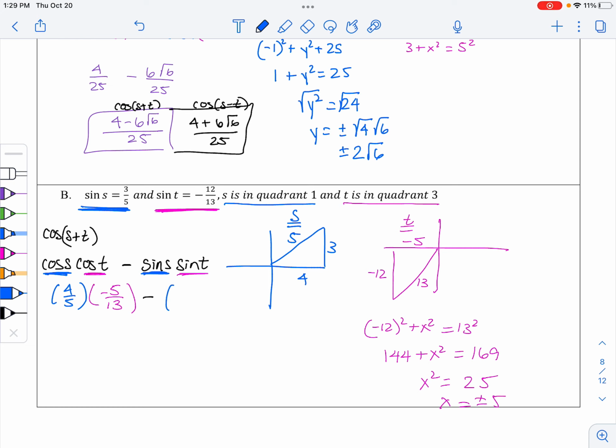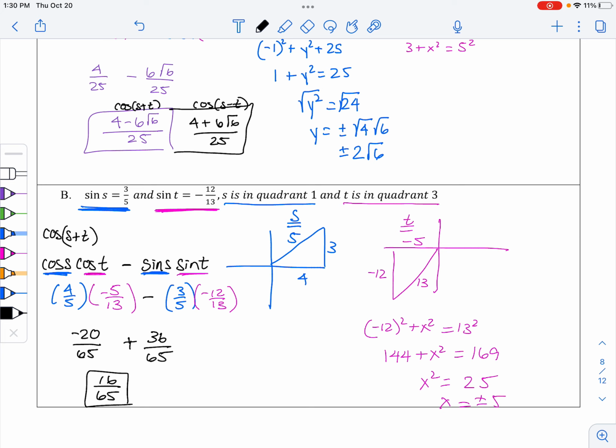Minus the sine of S is 3/5. The sine of T is negative 12 over 13. Multiplying that, I have negative 20 over 65 plus 36, double negative over there, that's why it's a plus, 36 over 65, to get a combination here of 16 over 65.